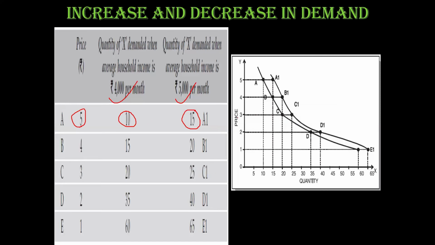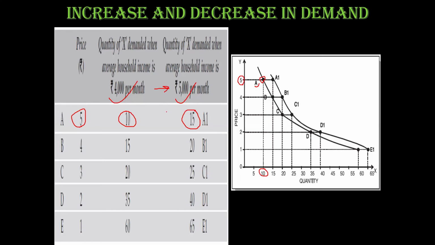Now you can see at the price of 5 rupees, when our income was 4,000, the demand was 10 units. So the point connected here is point A. But when income increased from 4,000 to 5,000, our demand increased at the same price.